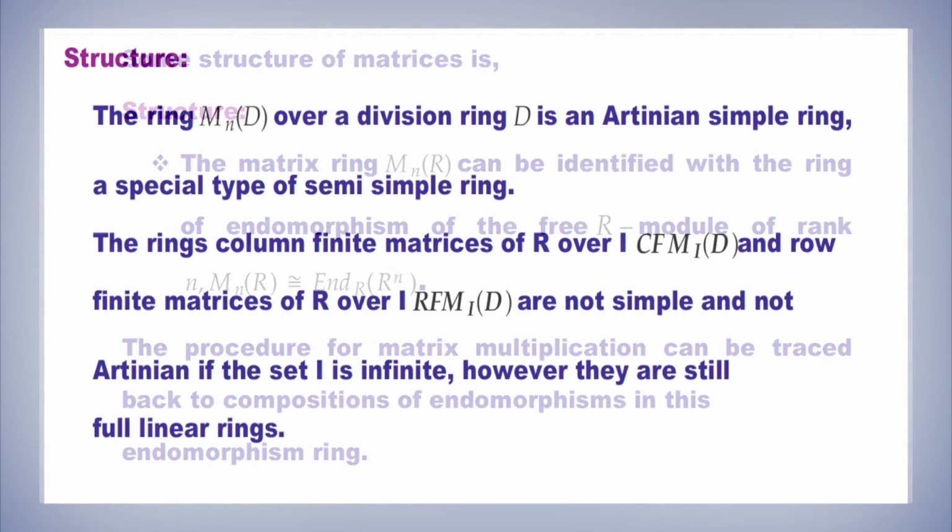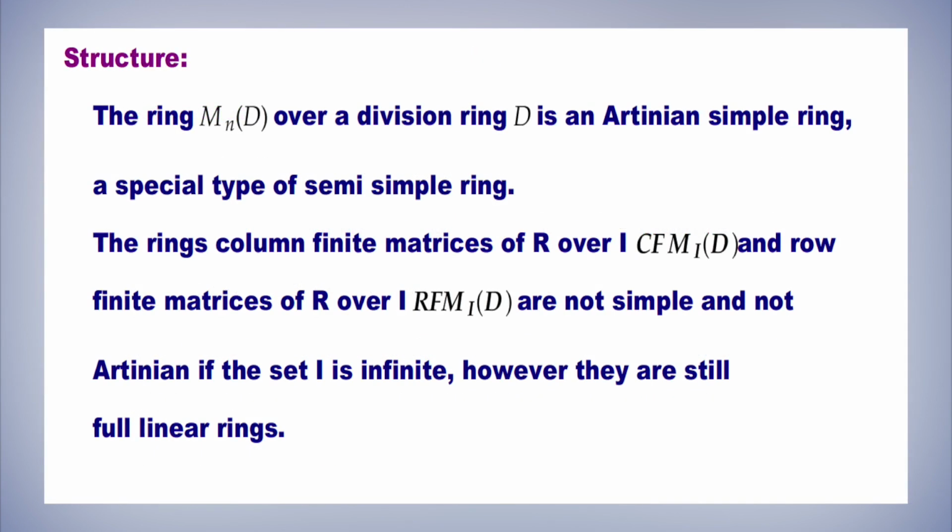The ring Mn(D) over a division ring D is an Artinian simple ring, a special type of semi-simple ring. The rings of column finite matrices and row finite matrices of R over I are not simple and not Artinian if the set I is infinite. However, they are still full linear rings.